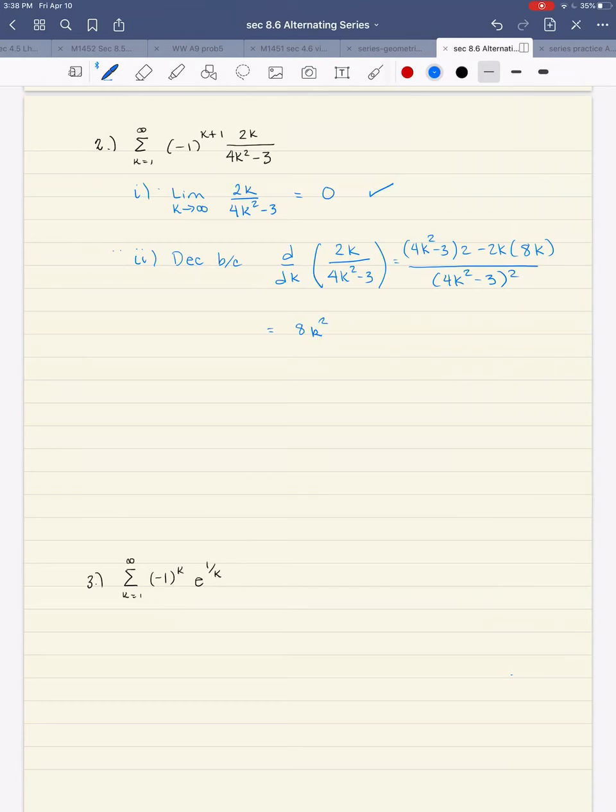And when I multiply that out, I get 8k squared minus 6 minus 16k squared all over (4k squared minus 3) squared. So I get a negative 8k squared minus 6 over (4k squared minus 3) squared. A common factor on top would be 2. I'm going to pull out a negative 2. So that leaves me 4k squared plus 3 as the second factor.